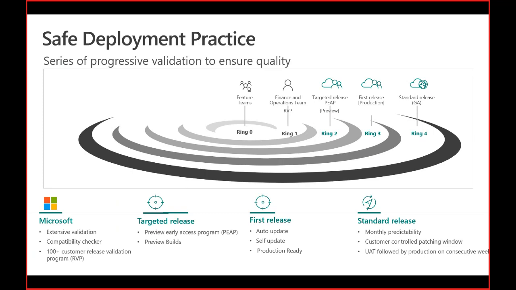Now, because this is in preview, you cannot take this to production. So this is meant for you to be used in a dev test environment, just for you to simply do validation. Maybe there's new feature functionality you want to be looking at. When you look at these preview builds, they are only for that, just preview testing.